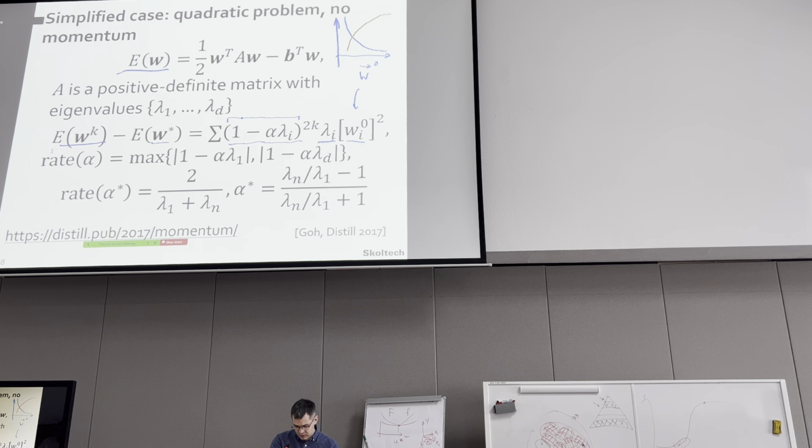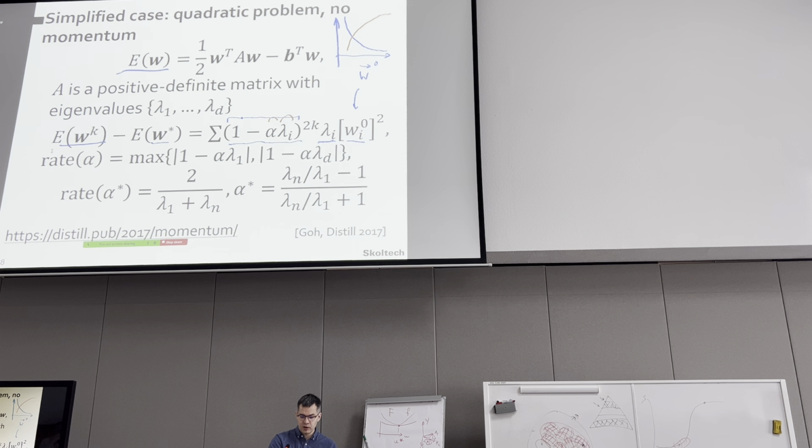Also, you can see that for any finite lambda, we can do this. Yes, we just need to select alpha to be small enough. If alpha is small enough, all these lambdas are some positive numbers, and multiplied by a small number, we have something that is smaller than 1.